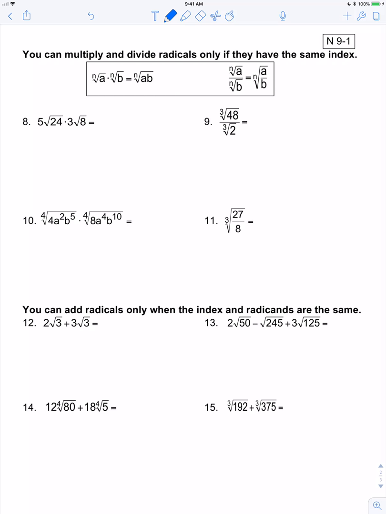Okay, we're going to go into multiplying and dividing these radicals. So you can only multiply and divide them if they have the same index. So remember, this is my index, whatever its root is. Okay, so if we've got 5 square roots of 24 times 3 square roots of 8, they're both square roots, so we can multiply them.